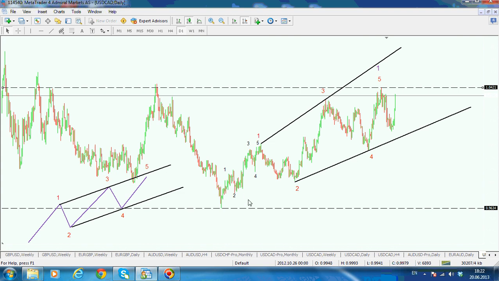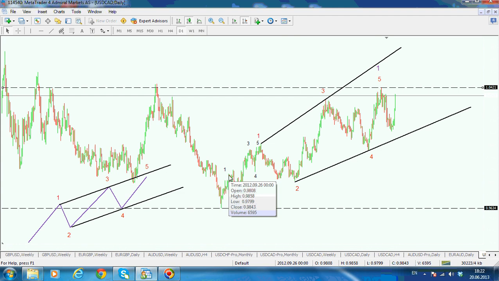Well, from what I'm seeing here, this is an impulsive move with 1, 2, 3, 4, 5, with the third wave being extended, a 161.8 extension of the first wave, and that makes the fifth wave here almost equal to the first wave.